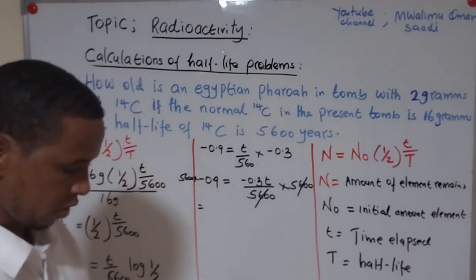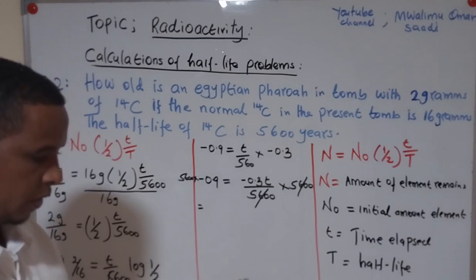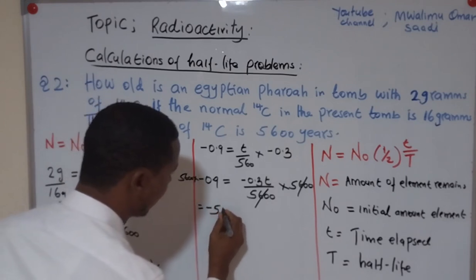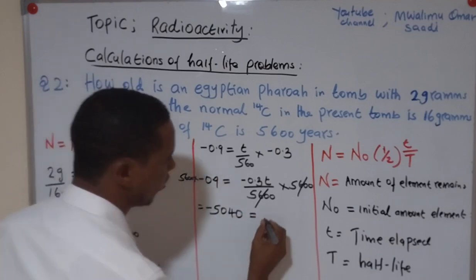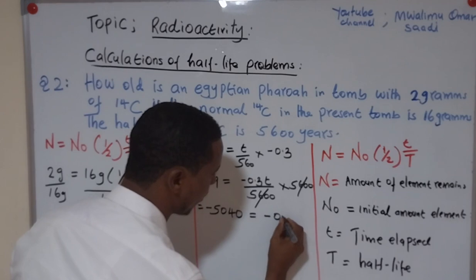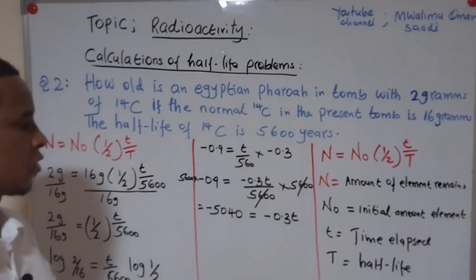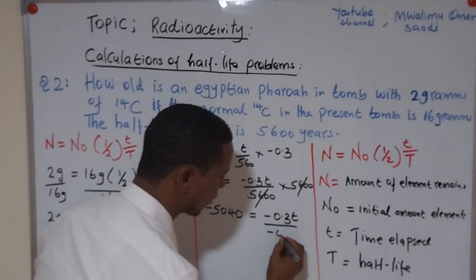So negative 0.9 times 5,600 will give us negative 5,040 is equal to negative 0.3 t.